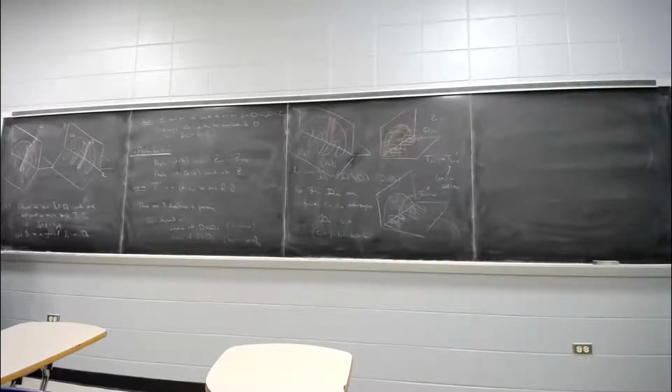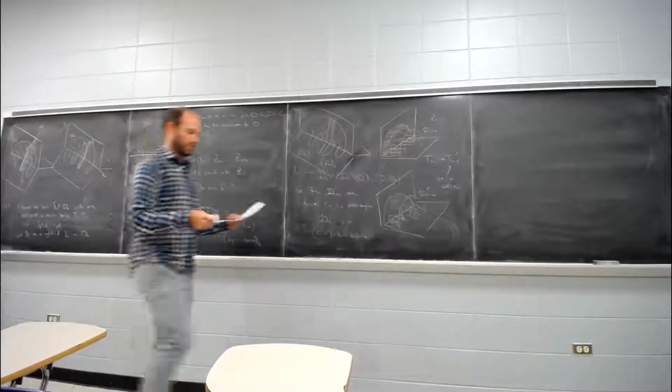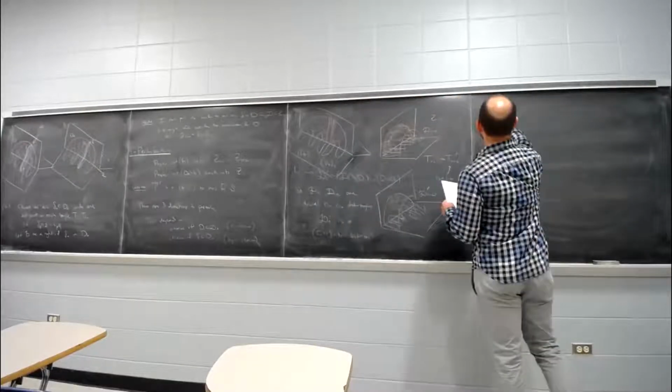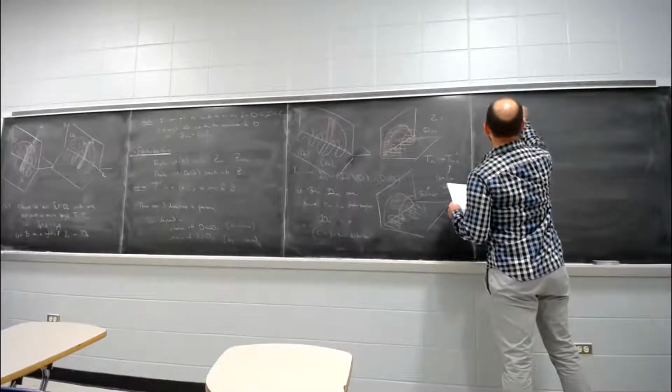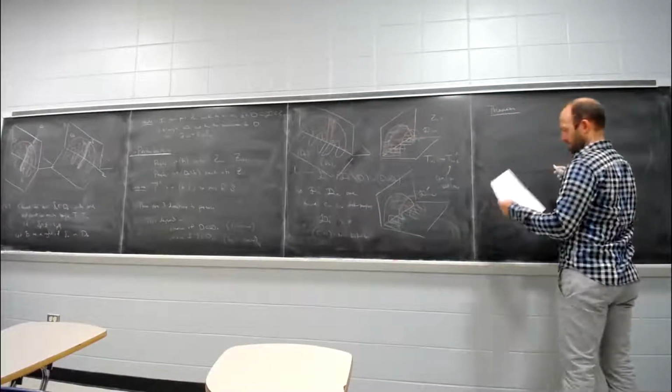Okay. So I don't think I'm going to get to everything I wanted to say in the last 5 minutes, but I'll start with the most important or least important.